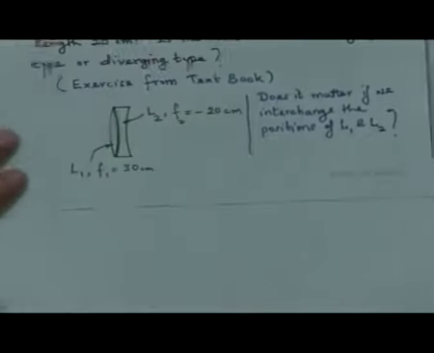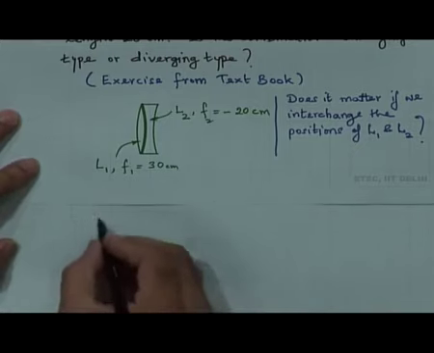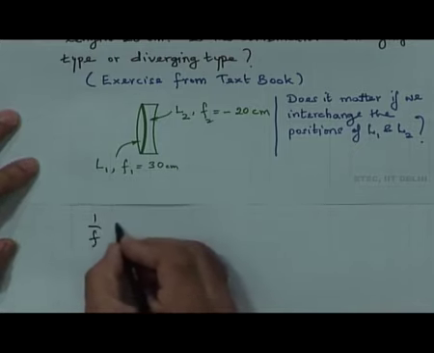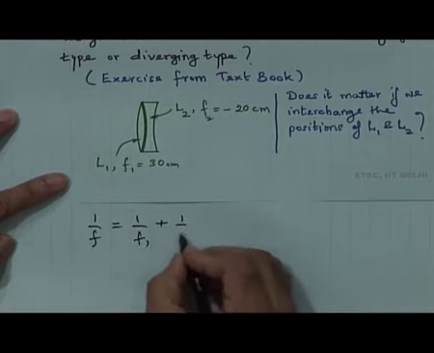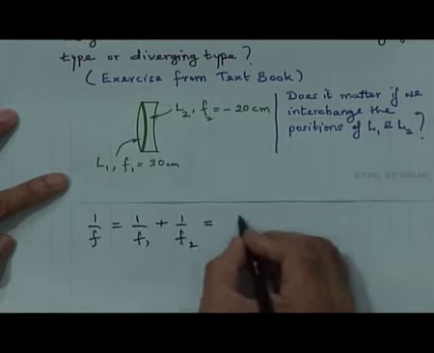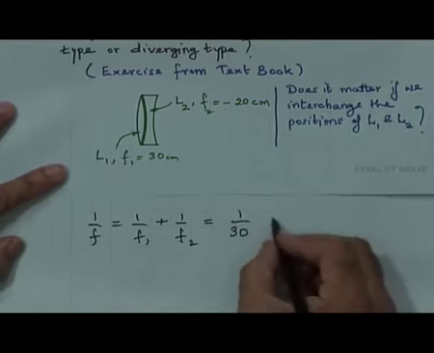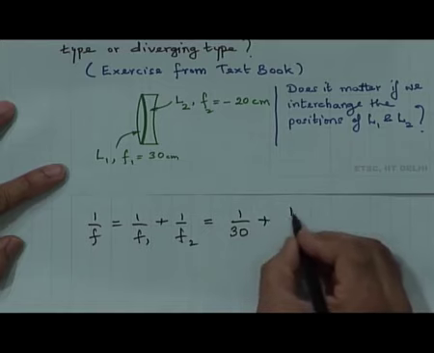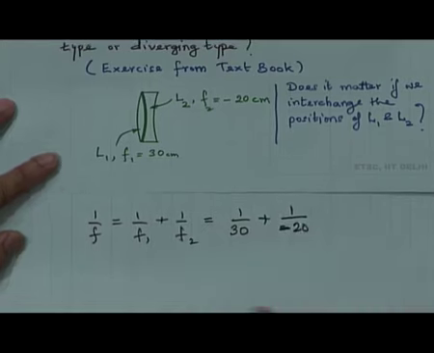So, what we know is 1 over f equals 1 over f1 plus 1 over f2, which is equal to 1 divided by 30 centimeter, the first one, plus 1 divided by minus 20 centimeter.